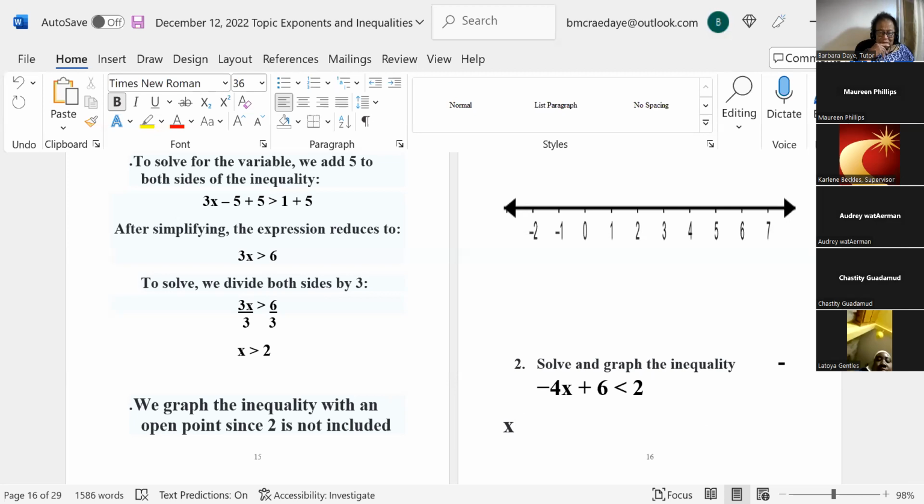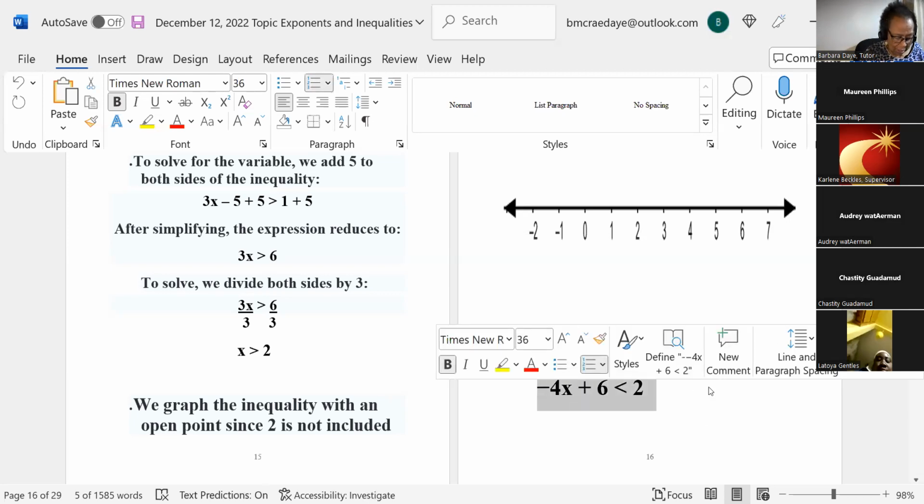I subtract the 6 from both sides. Okay, so you subtracted a 6 from both sides. So what did that give you? And that gives me -4.